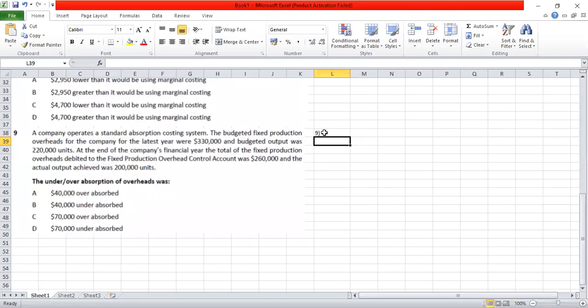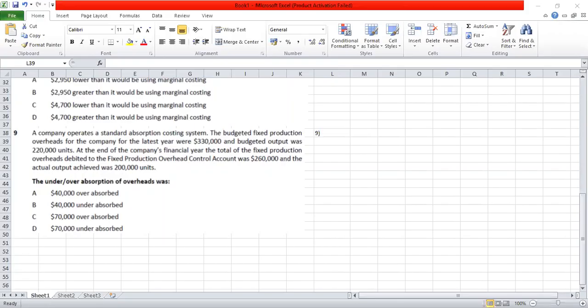At the end of the company's financial year, the total of the fixed production overheads debited to the fixed production overhead control account was 260,000 and the actual output achieved was 200,000 units. The under or over absorption of overheads was it 40,000 under absorbed or over absorbed, or 70,000 under absorbed or over absorbed? So that is the point.